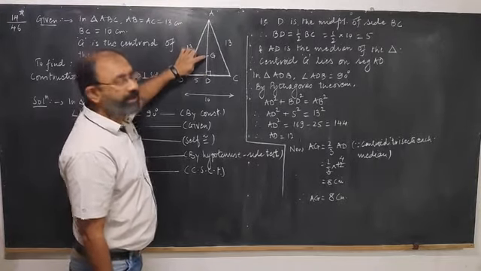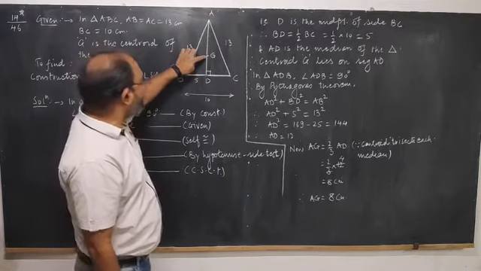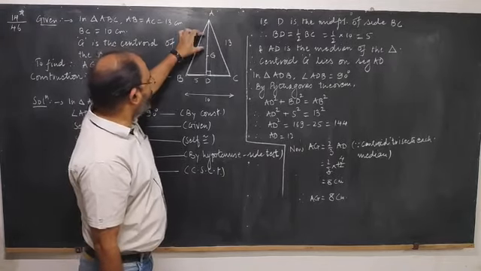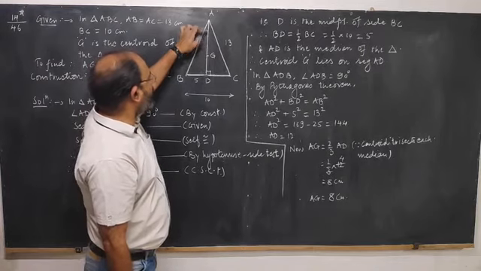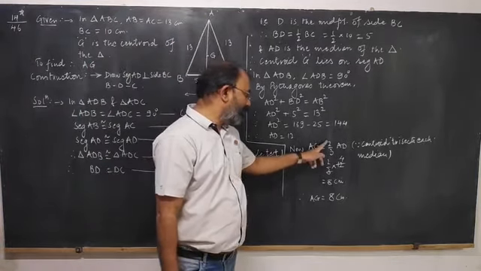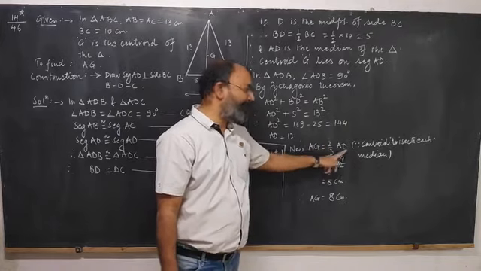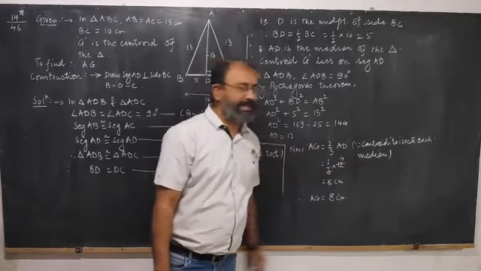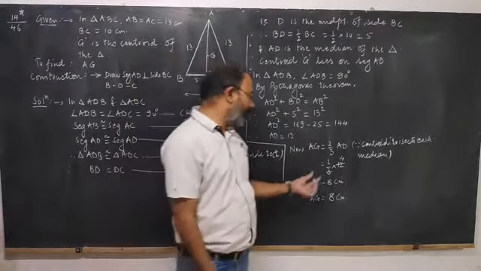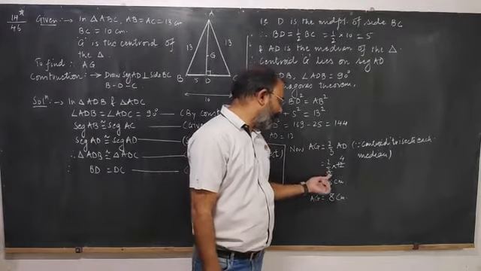We know that centroid divides the median in the ratio 2:1. Therefore, AG will be 2 parts out of 3 parts. So AG is equal to 2/3 of AD. We write the reason as centroid trisects each median.